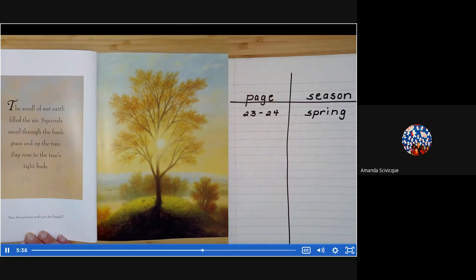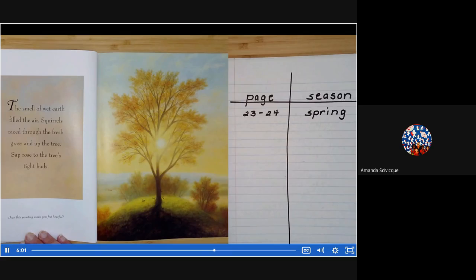I think it's spring. I think it's spring because there's a smell of wet earth. There's also fresh grass, which means there's new grass. And the sap is rising up to the buds. This makes me think it's spring.